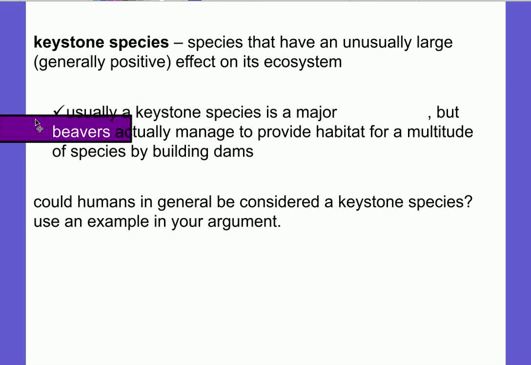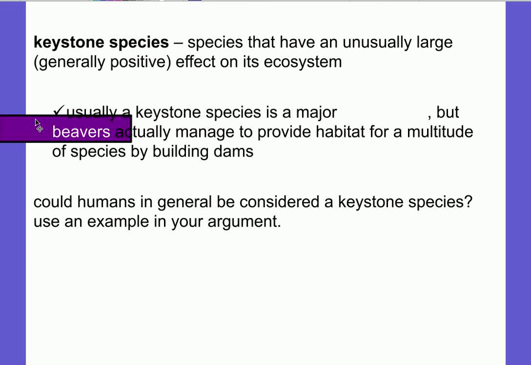And we have one last whiteboard question here, because we can talk about humans as being a keystone species. And you could use a lot of different examples here. When we do this, there is no wrong answer really, as long as you support your answer. Because sometimes we do actually have a positive effect on our environment, and you could explain that in your example, and you can make it sound like we're a keystone species in that case. You can talk about how we have a huge negative impact on our environment, and that's another way that we could be a keystone species.